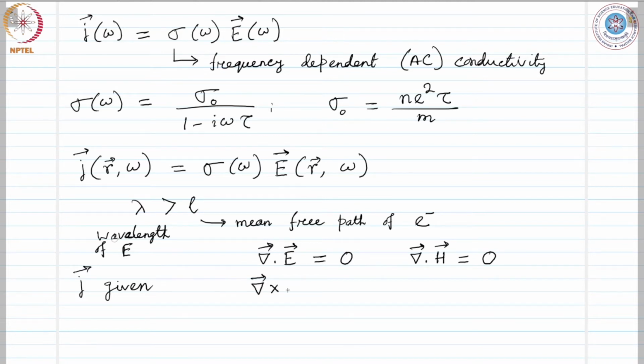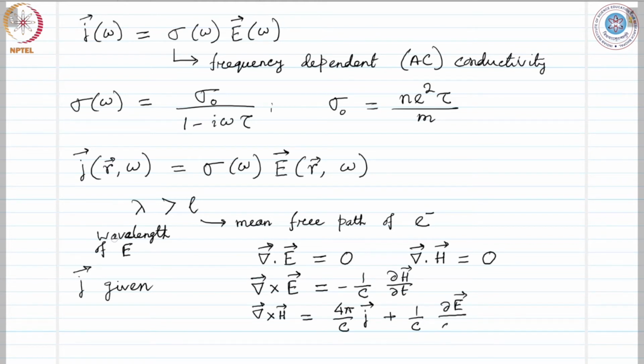The curl of the electric field is given as minus 1 over C del H del T in CGS units, and the curl of the magnetic field H is given as 4 pi over C times the current density J plus 1 over C del E del T, which is Ampere's law modified by Maxwell and expressed in CGS units.